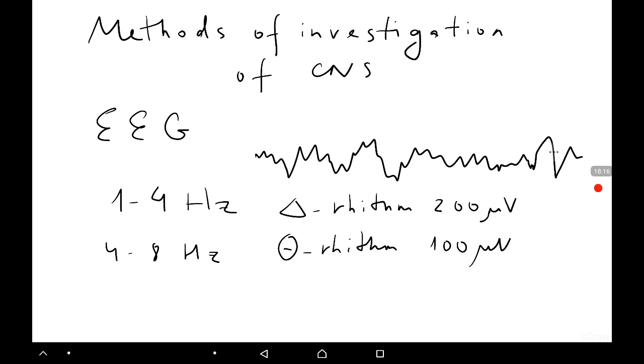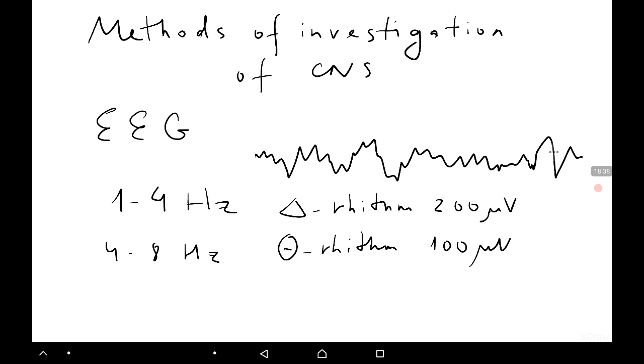By the way, the functional significance: delta rhythm is the rhythm of a deep sleep, when the phase also is called delta sleep, delta phase of the sleep.